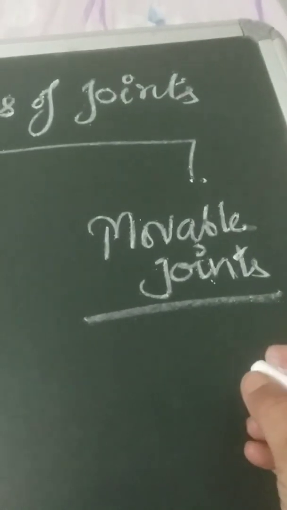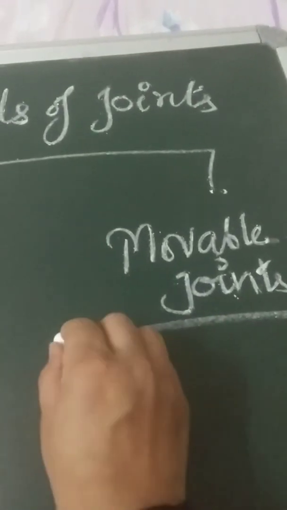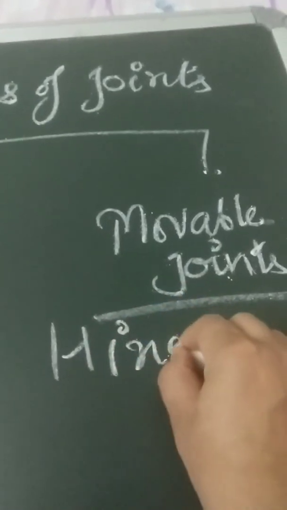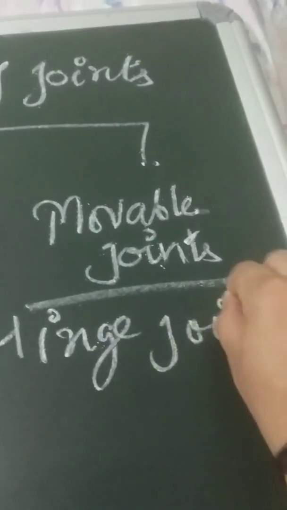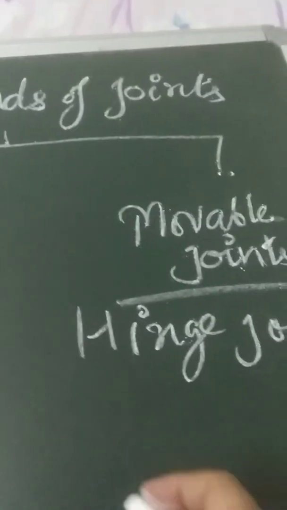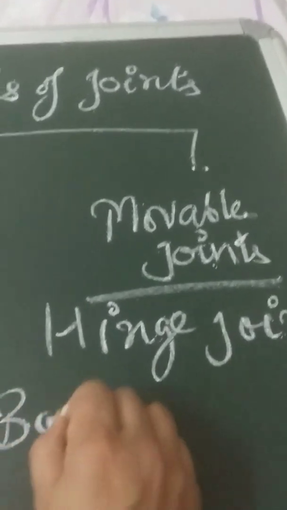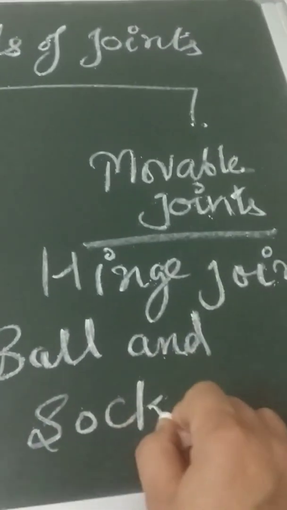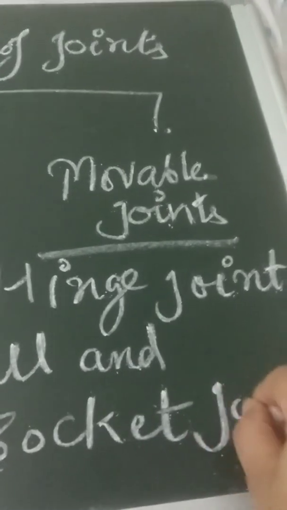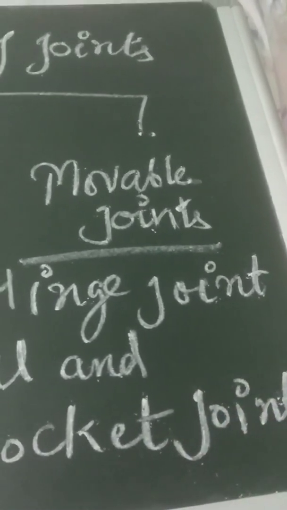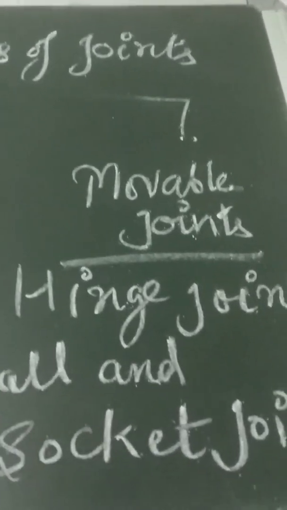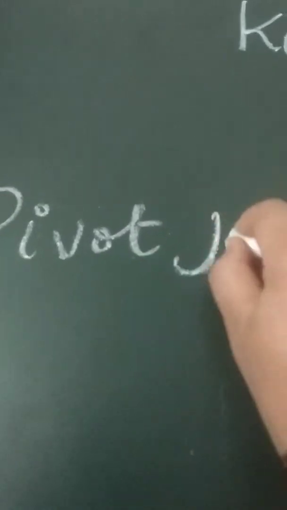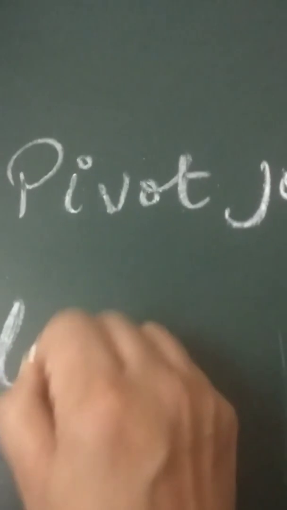Movable joints are hinge joint, ball and socket joint, pivot joint, and gliding joint.